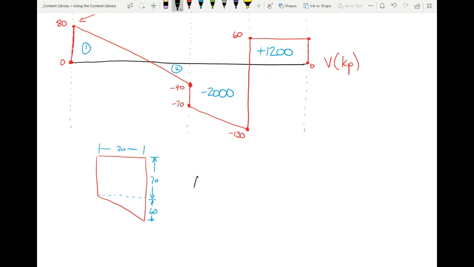And so you'll say the area is 70 times 20 plus 1/2 60 times 20. And that'll give you 1,400 plus 600, which is 2,000. Okay, that is one way of doing it.